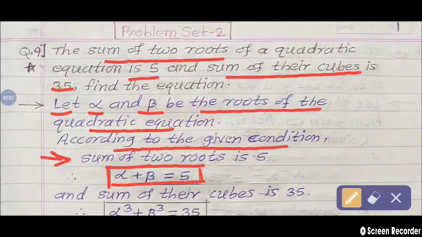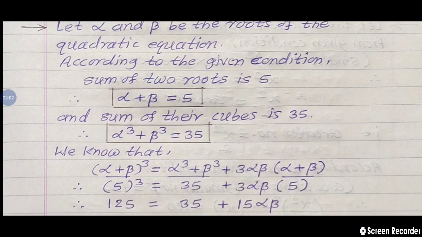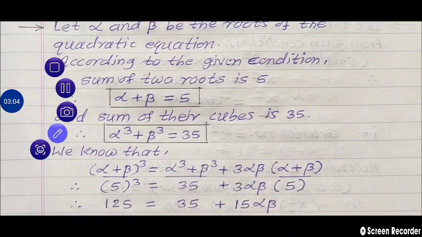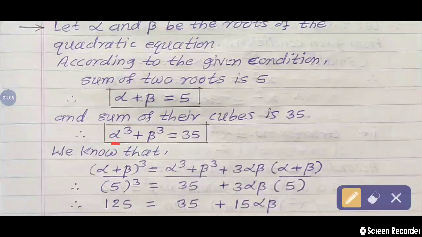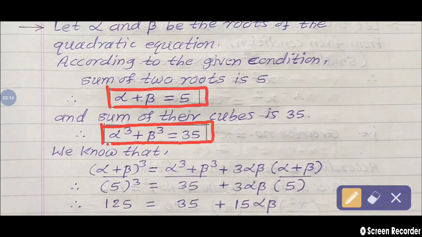We are taking the cubes of both the roots and then making the sum. Therefore our equation is alpha cube plus beta cube is equal to 35. So in this way two equations are formed.